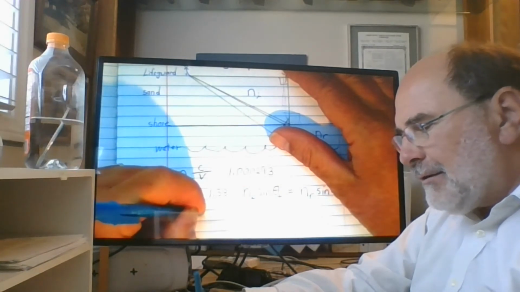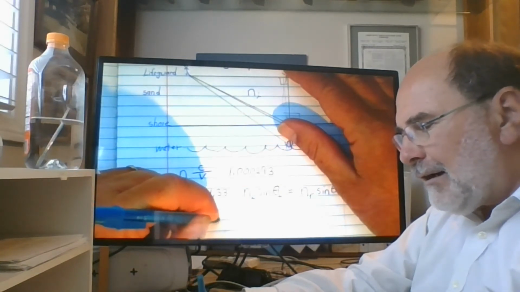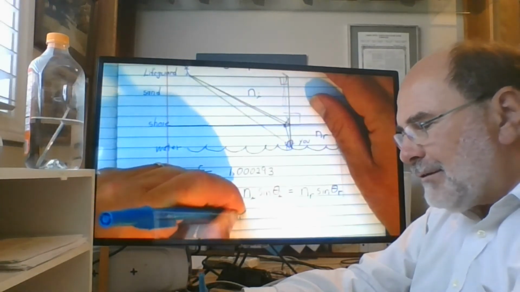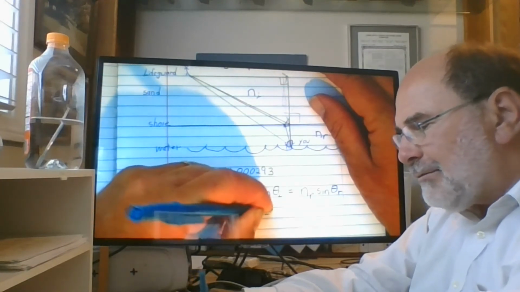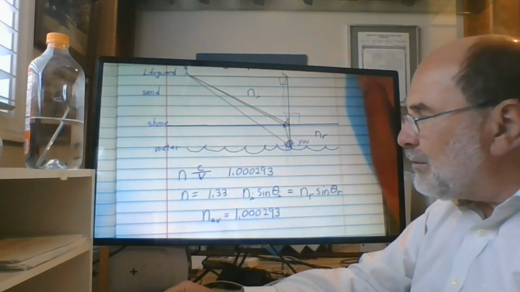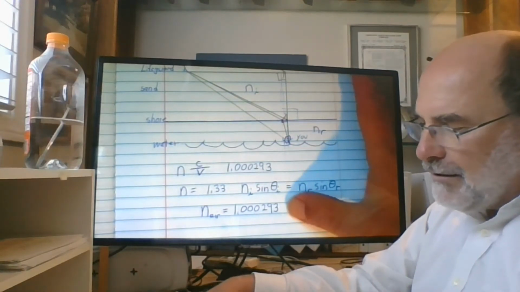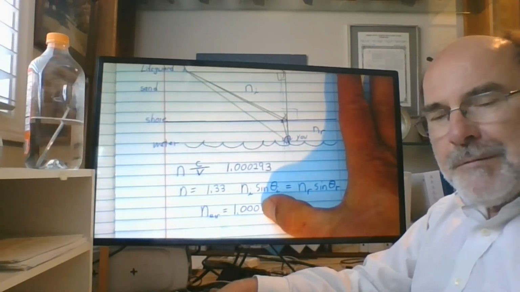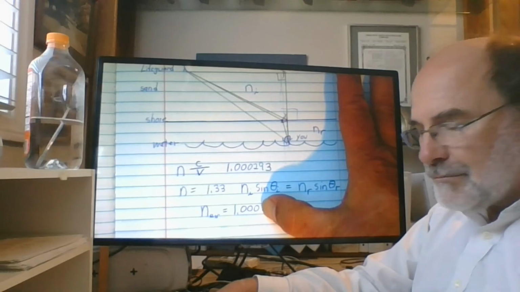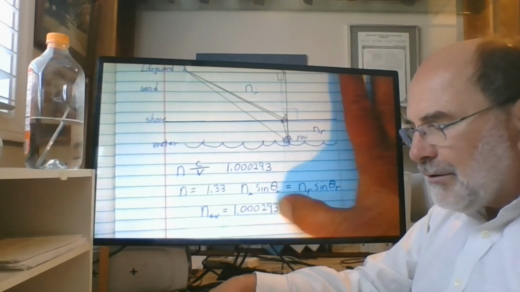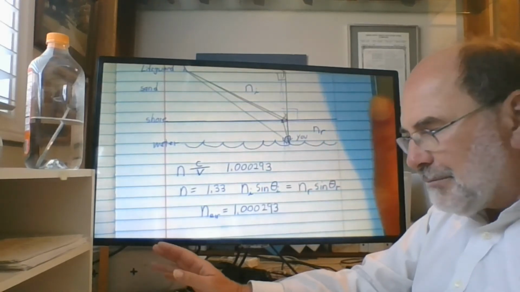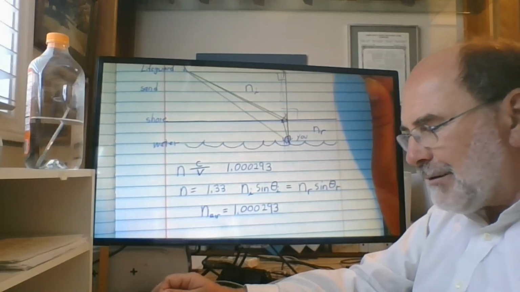Okay, so the index of refraction of air, I already mentioned, is 1.000293. And by the way, it's going to work out in this unit. If you round that off to 1, that will be precise enough for your homework calculations. So unless it's a super precise problem that we're doing.